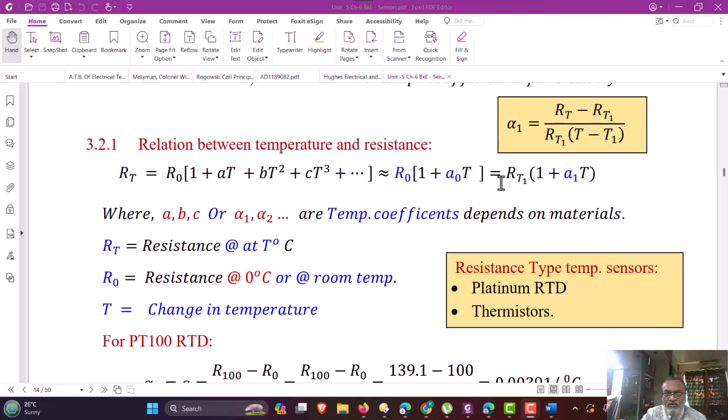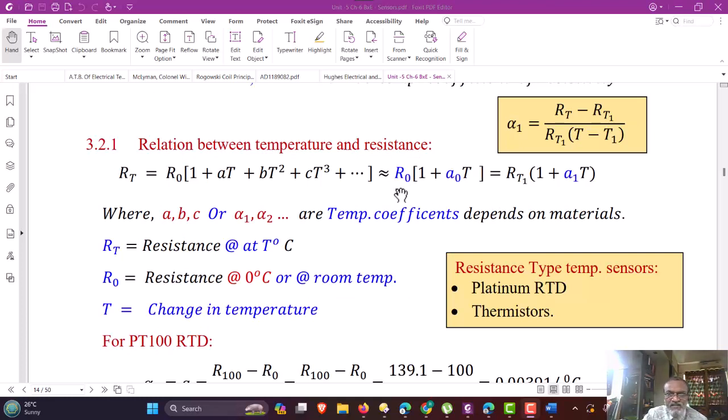and that is equal to RT1 into bracket 1 plus alpha 1 into T, where RT1 is the resistance at temperature T1, whereas R0 is the resistance at temperature 0 degree centigrade.